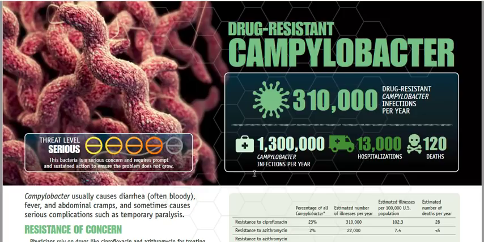Drug-resistant Campylobacter. Okay, this one's going to be CL. 310,000 drug-resistant CL infections per year, 1,300,000 CL infections per year, 13,000 hospitalizations, 120 deaths.